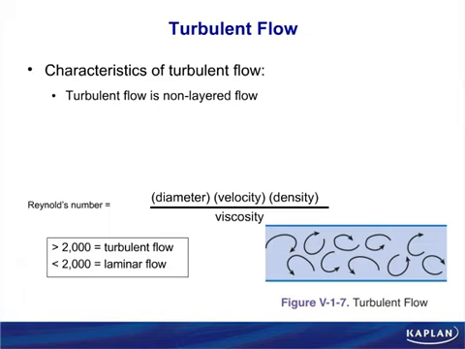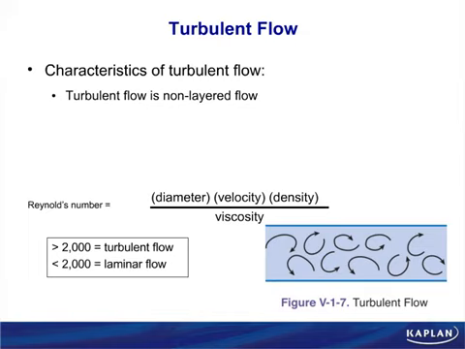The 2000 is not what's crucial. What's crucial is the players. Big diameter, high velocity, those are going to be scenarios where we're more likely to have turbulent flow. If we have a very viscous blood, like polycythemia, then it's going to be less likely to have turbulence.